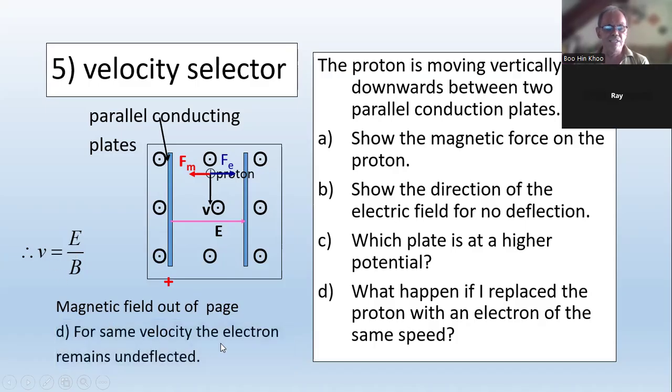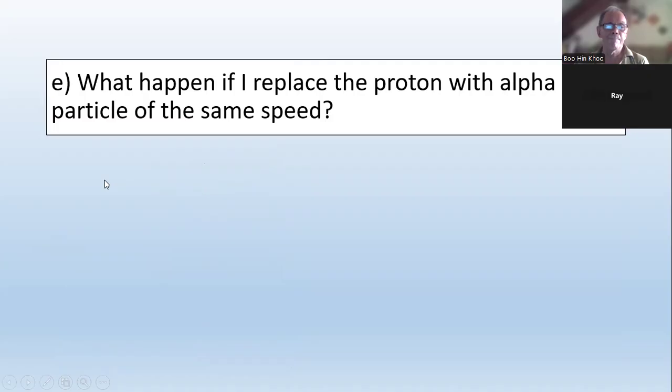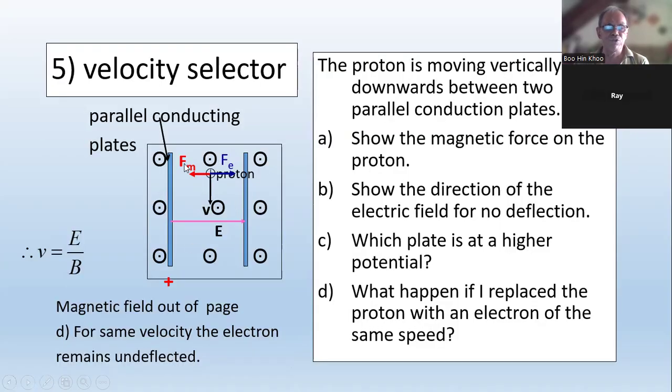For the same velocity, the electron remains undeflected, same as the proton, except of course that the electric force and magnetic force will reverse. The electric force will go to the left, and the magnetic force will go to the right.